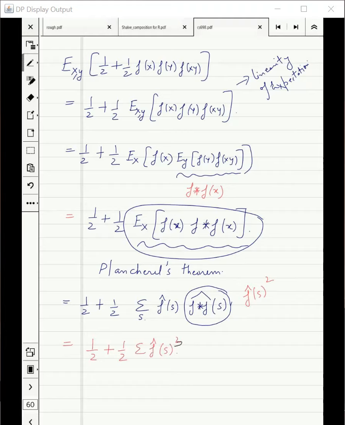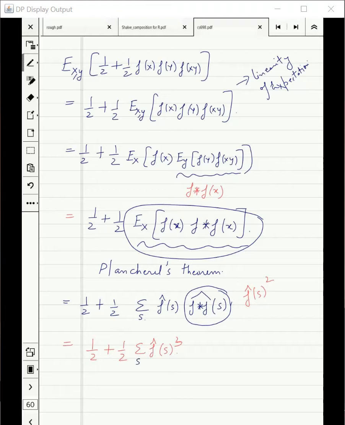Very good. Right? And now you can already see, most of the time our task would be to convert our problem into the Fourier domain, and then things will become easier. And now look at this. If f was equal to chi s, then what will happen? This summation should be 1.